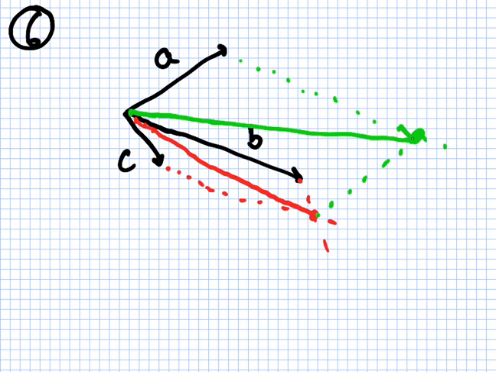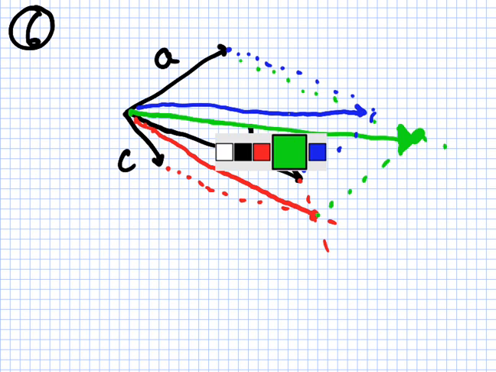Then they say, do it again, except this time, do A plus B first. So if we add A plus B first, well there's A, there's B, so A plus B will be roughly this one here, that's A plus B. And then we have A plus B plus C. It's supposed to be exactly the same.